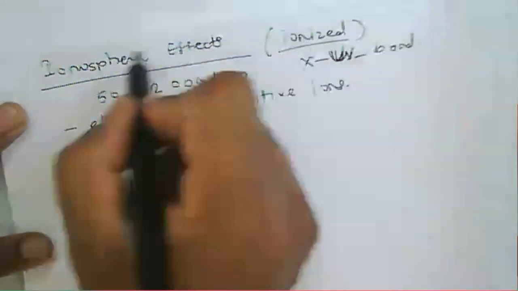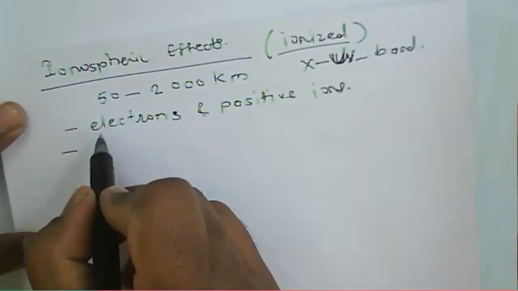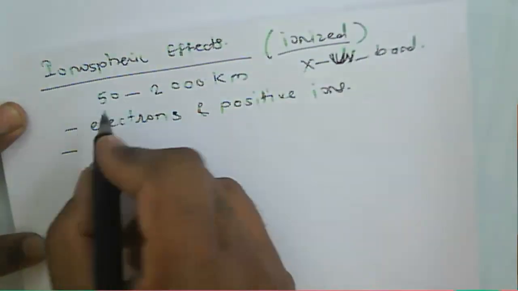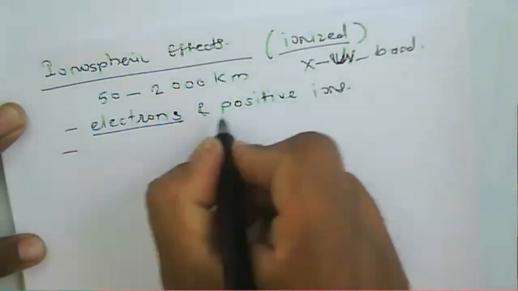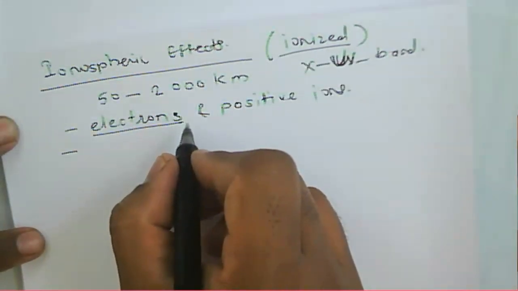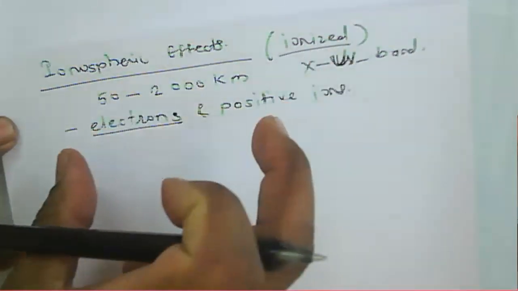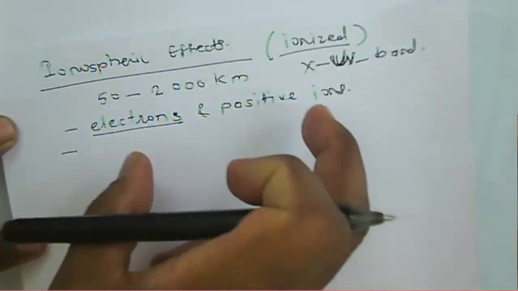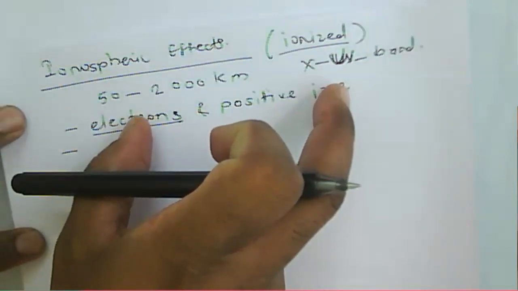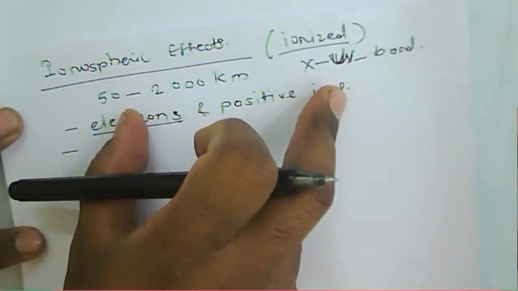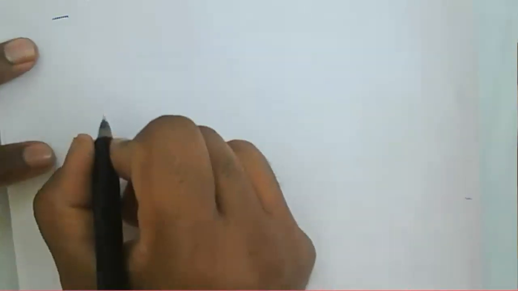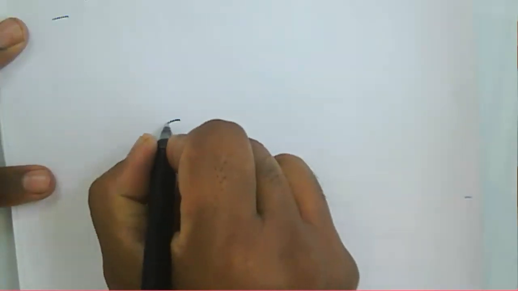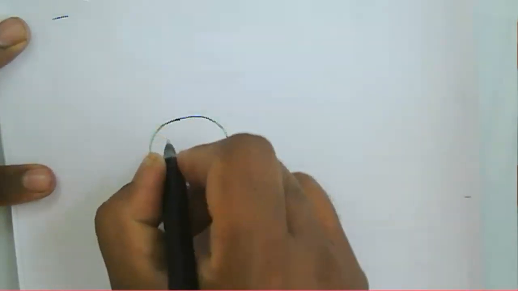Okay, these are the ionospheric molecules, or you can say the ionized gas, whichever ionized gas we have, they contain free electrons and free positive ions. And all these free electrons and positive ions are electrically neutral. But when we consider the lower atmospheric region, we'll see the ionospheric regions and all. So I'll draw the diagram.